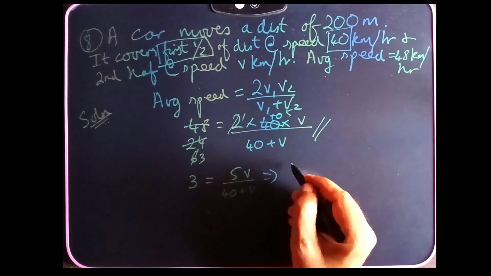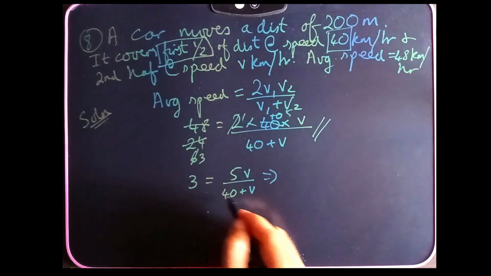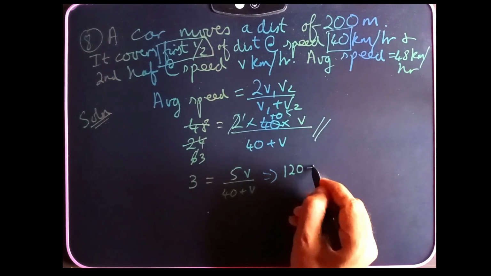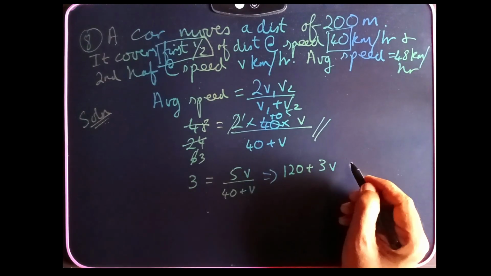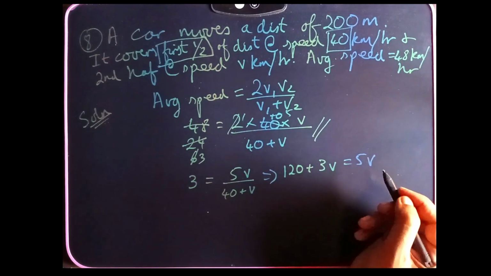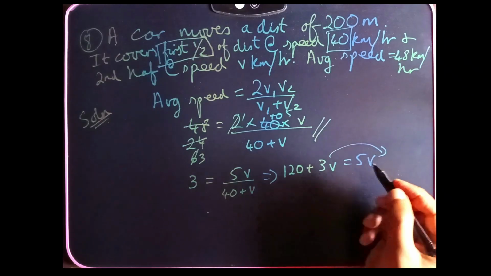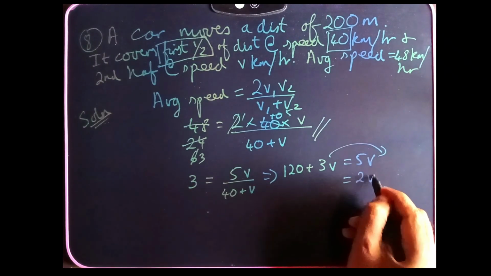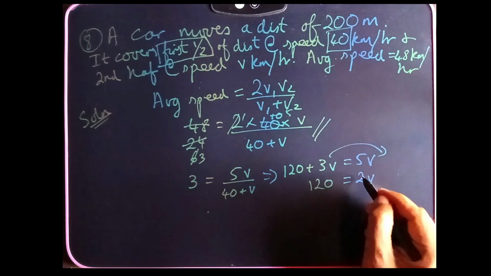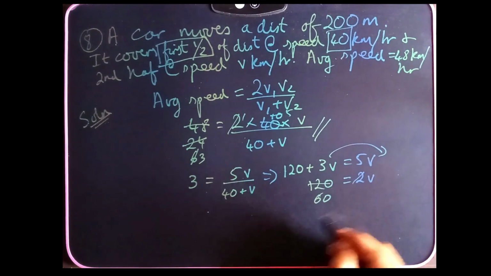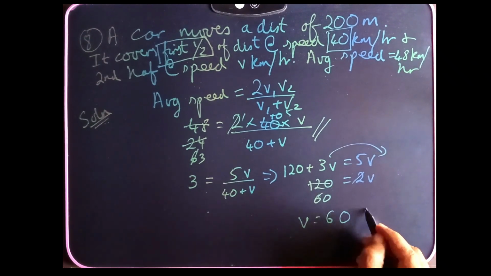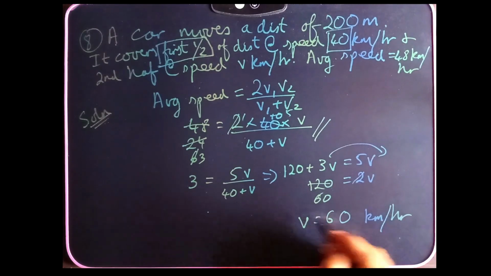Now if you solve this, you'll get 3 into 40 will be 120, plus 3v equal to 5v. This will come beside. You will get 2v equal to 120. This will cancel. You will get 60. So v is equal to 60 kilometer per hour.